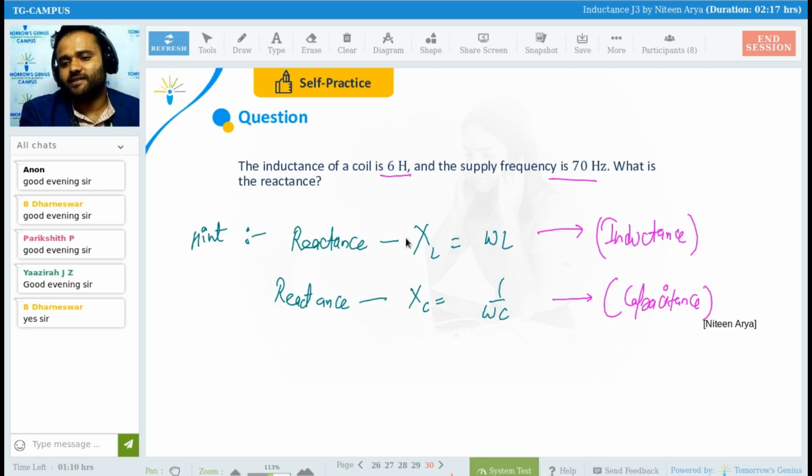Tell me, beta, anyone. Reactance. I think now you have everything in your hand to find reactance. Tell me, students, what is the reactance for inductance, reactance for capacitance? I want to know the reactance for inductance here.